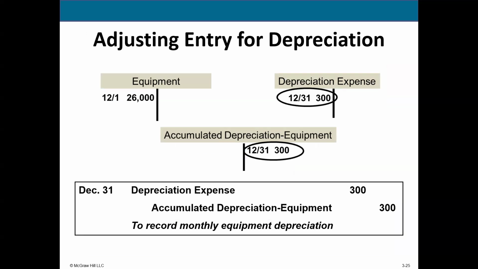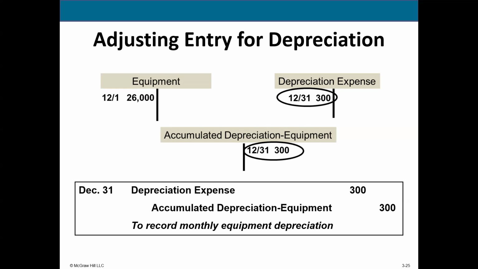At the end of year 5, that accumulated depreciation balance should be 26,000, oh, I'm sorry, it'll be 26,000 minus the 8,000, because 8,000 is salvage value, remember?